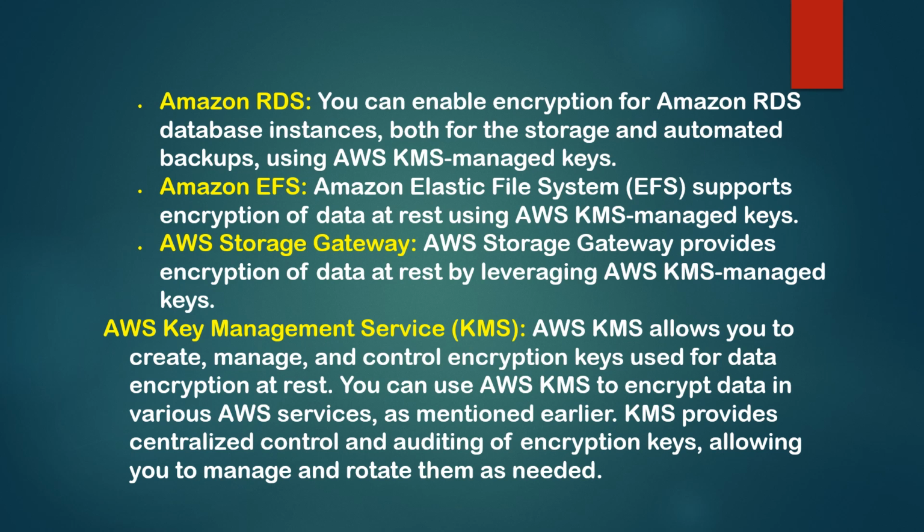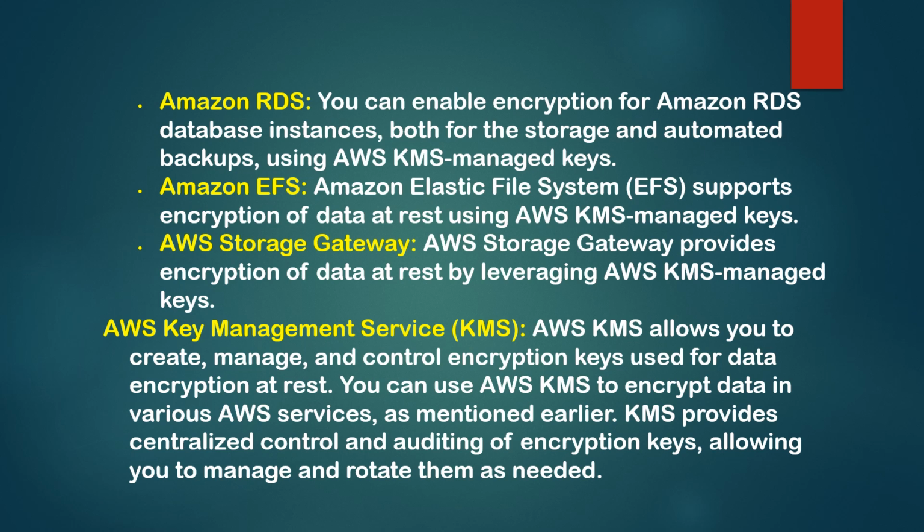AWS Storage Gateway. AWS Storage Gateway provides encryption of data at rest by leveraging AWS KMS Managed Keys. AWS Key Management Service (KMS). AWS KMS allows you to create, manage, and control encryption keys used for data encryption at rest.